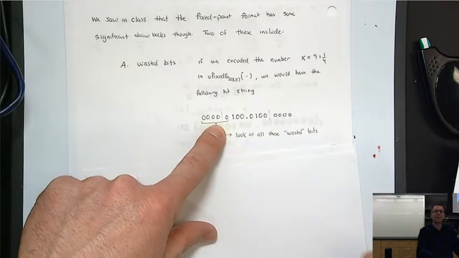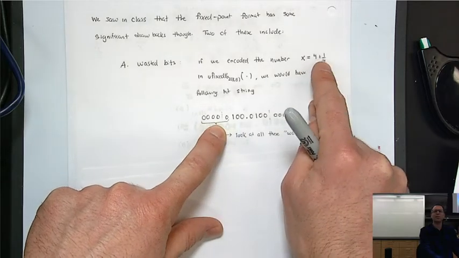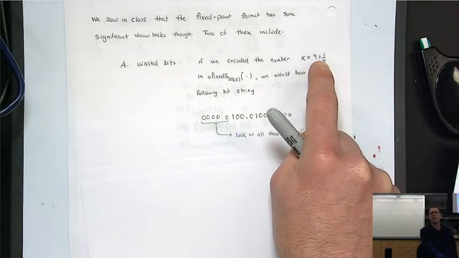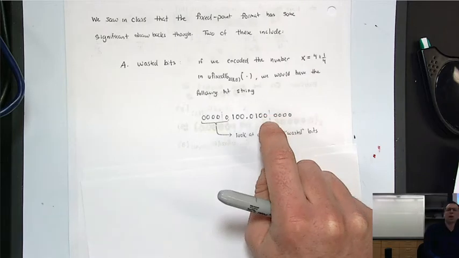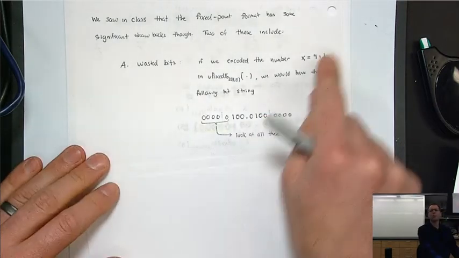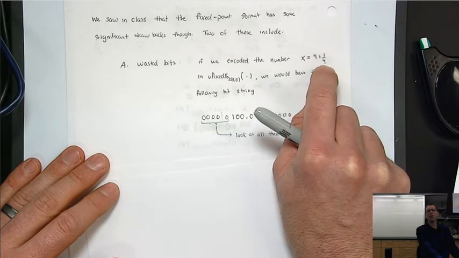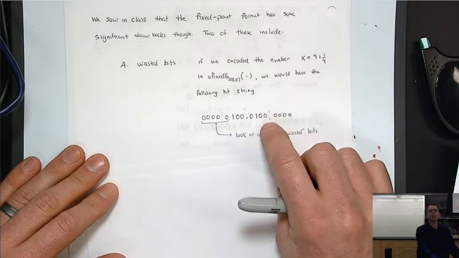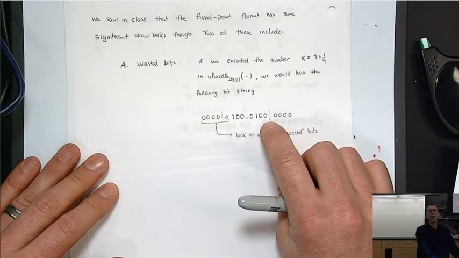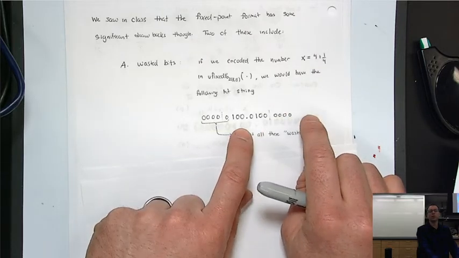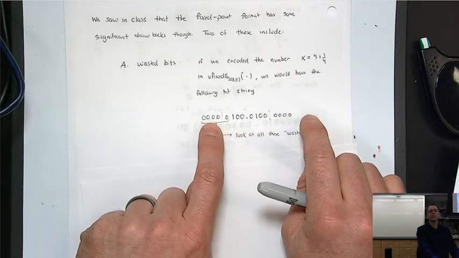This one is not particularly interesting from the standpoint of the trailing information. We're not really losing anything. But I could very quickly change 1/4 to 1/5. 1/5 would be an infinite decimal representation after the radix point. And the moment I do that, I actually lose information because I'm storing useless bits.